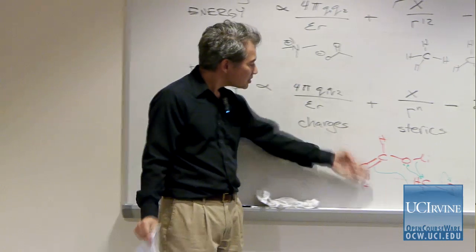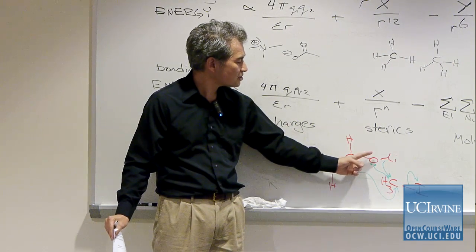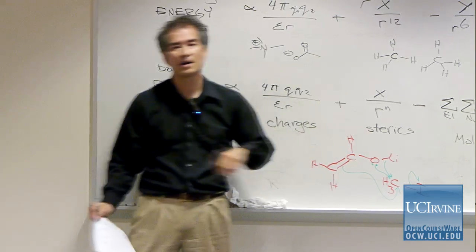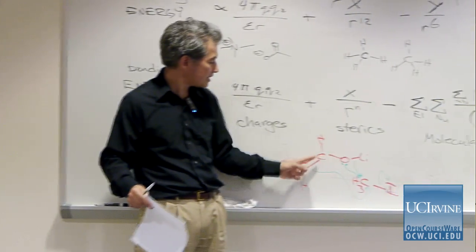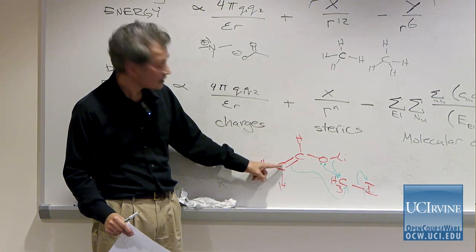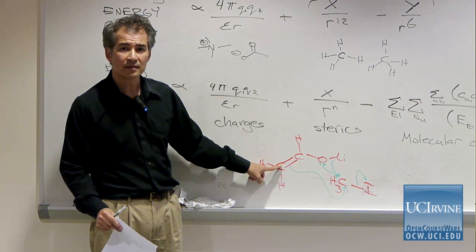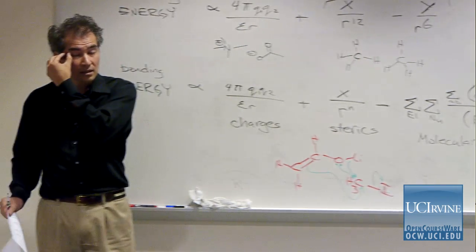So let's decide, what should we have our arrows mean? If we look at the charges here, most of the negative charge is on oxygen, so I would predict that you would make an oxygen-carbon bond if I pay attention to charges. Most of the negative charge on this enolate is on the oxygen atom. If I pay attention to sterics, I definitely would not want to make a bond to carbon. That's much more sterically hindered than this oxygen-lithium bond or the oxygen.